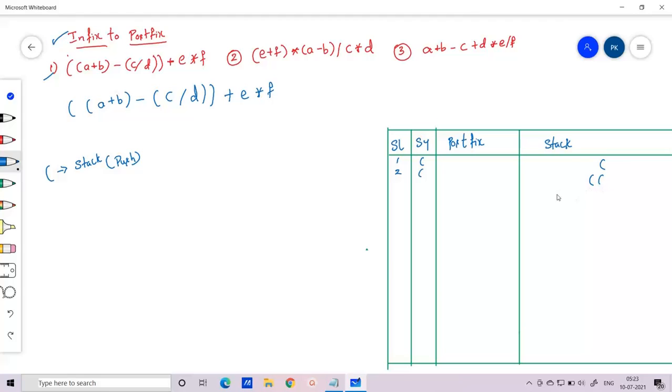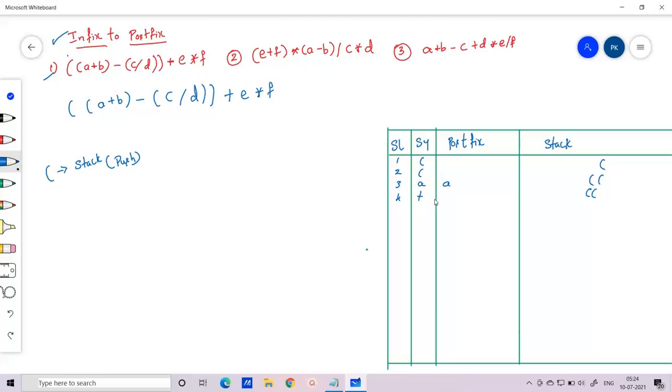Next we have the third character, which is an operand. When you see an operand, I'll directly write it into the postfix expression, so I write a. In the stack, the two opening brackets will remain as they are.